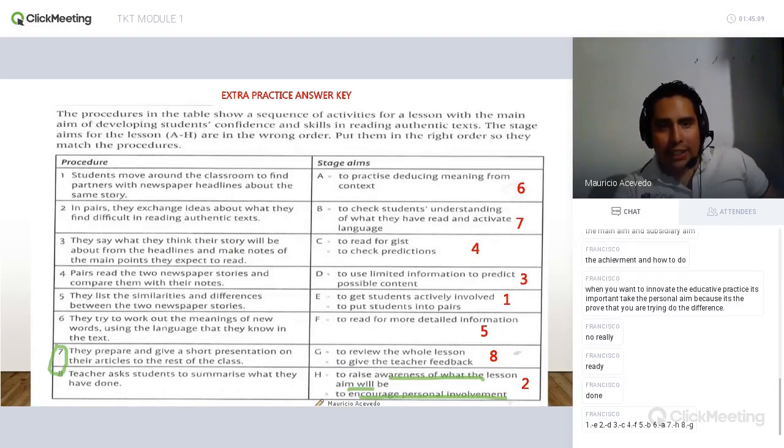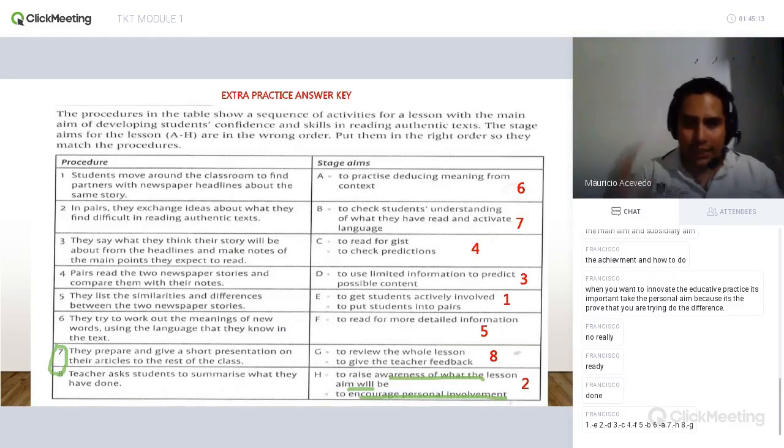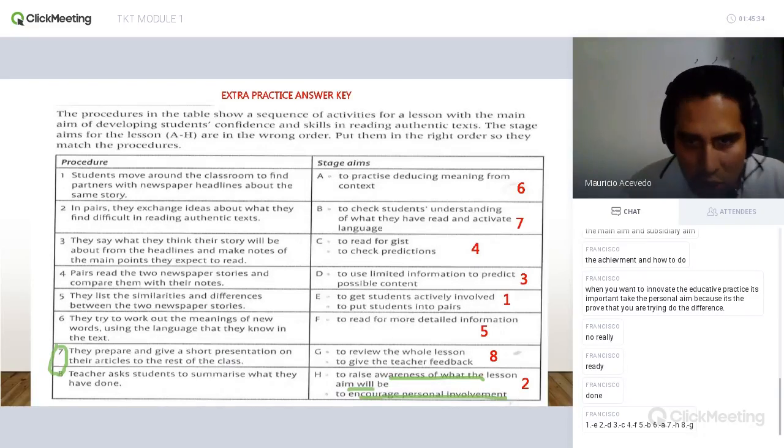In pairs they exchange ideas about what they find difficult in reading authentic texts. So they might get what the main aim is about, to relate authentic texts, right? And at the same time they can encourage their own involvement. So why are they involved? Because they are going to read, they are going to make comments, and so on. Okay, so here are the answers.